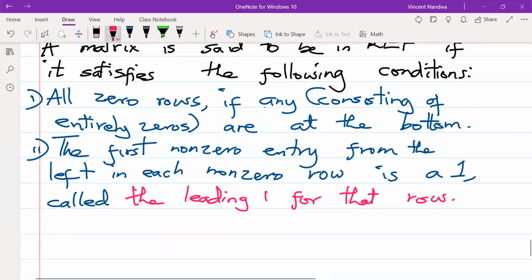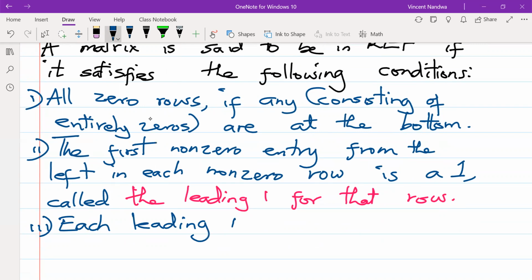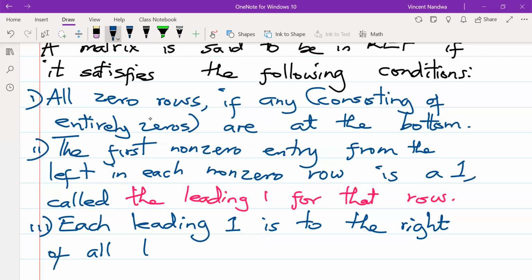And the last condition: each leading 1 is to the right of all leading ones in the rows above it.